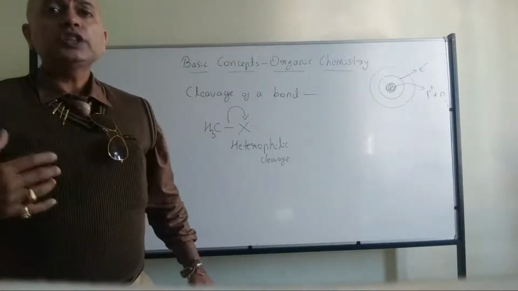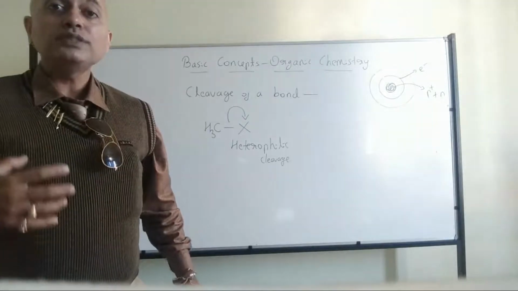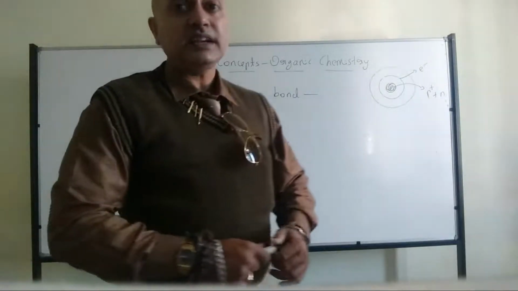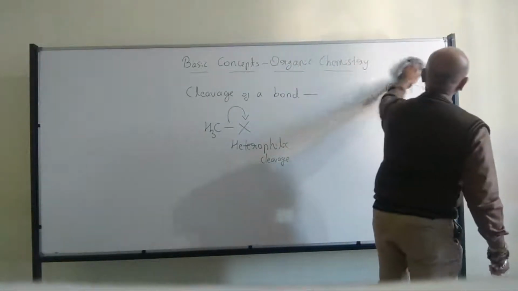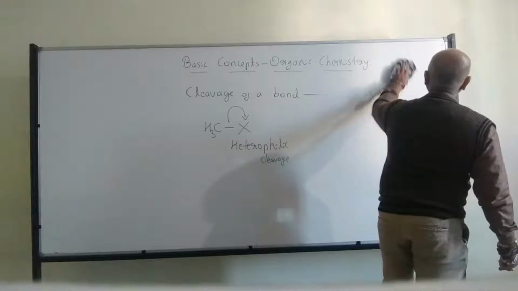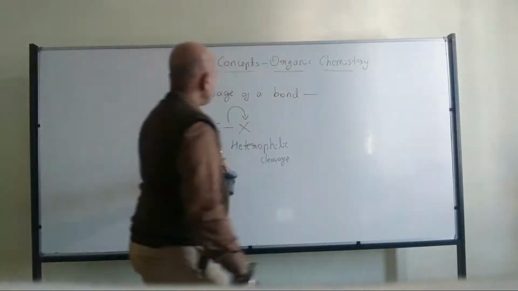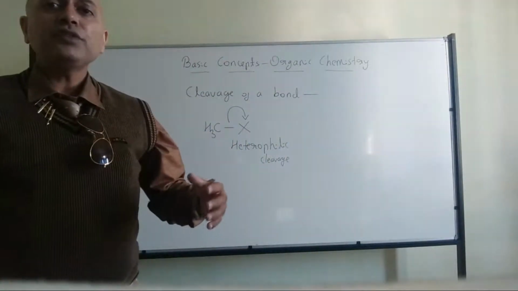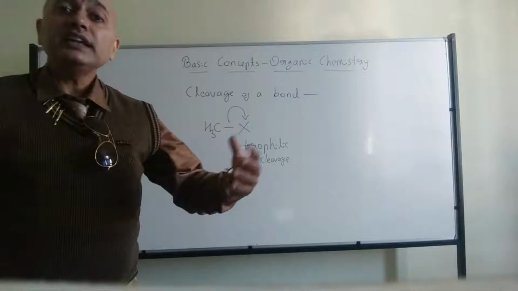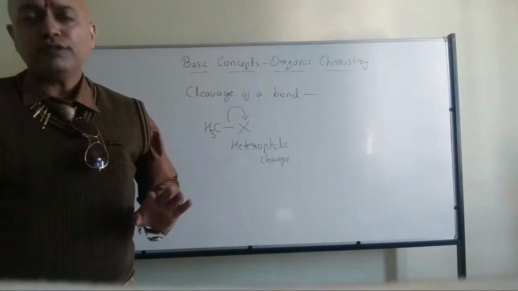Hetero means not uniform. Why is it called not uniform? Because only one element is gaining the electrons and the other element is not gaining any electrons. Therefore, it is called heterolytic cleavage. This heterolytic cleavage can happen in the presence of electrophiles or in the presence of nucleophiles.